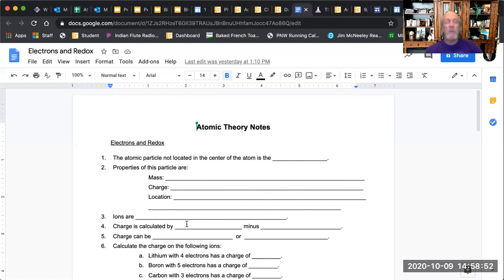Another example, if we had neon that has 10 protons and 10 electrons, 10 minus 10 is 0, there is no charge, it is not an ion. Ions must have charges. By definition, they are a charged particle. All right, number 5, charges can be positive or negative. They cannot be 0. No zeros. Positive or negative numbers work for us.